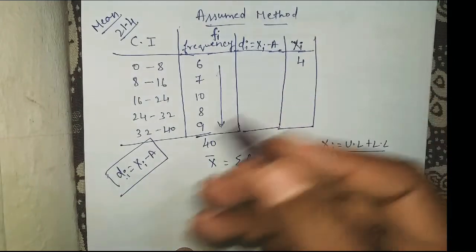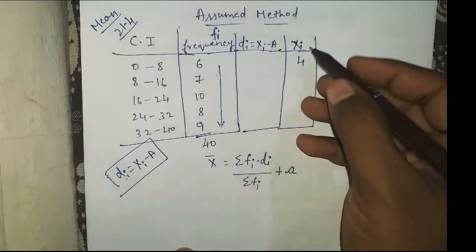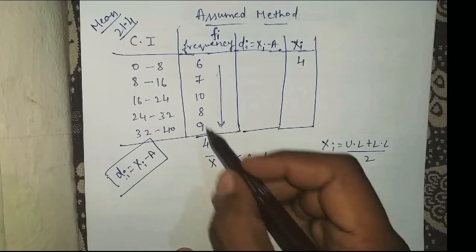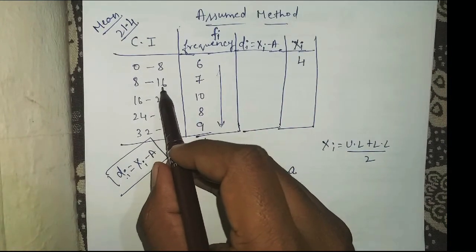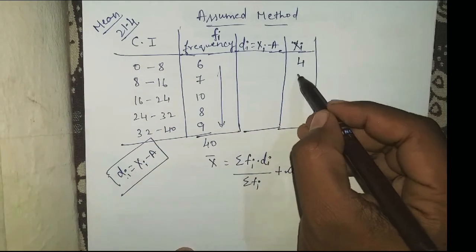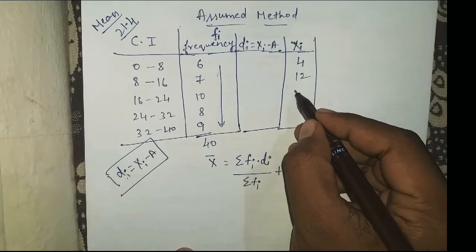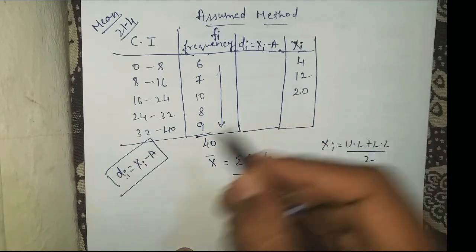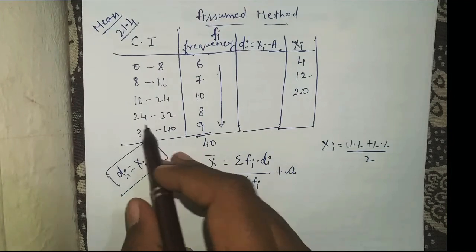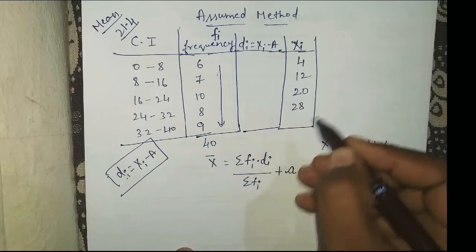While doing the direct method, I taught you how to find the xi column. Now again for this interval, 16 plus 8 is 24, by 2 is 12. 24 plus 16 is 40, which is 20. 32 plus 24 is 56, which is 28.